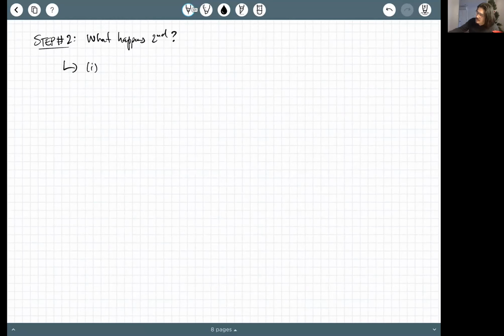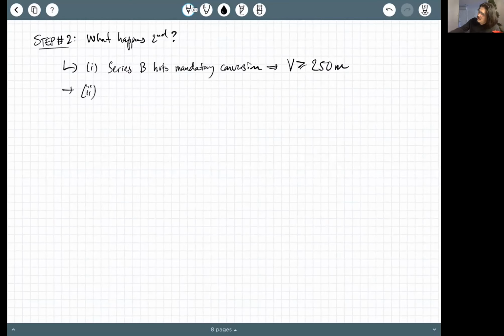So Series B hits mandatory conversion. We don't need to do any calculations there. That's if V greater or equal to 250 million. And then the other option is Series C voluntarily converts.